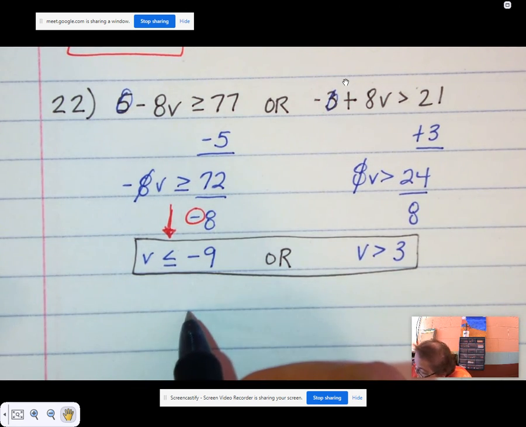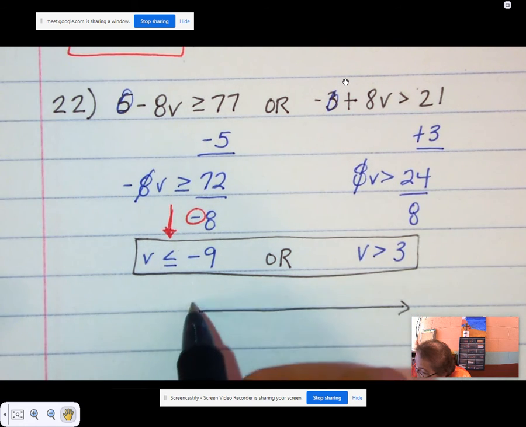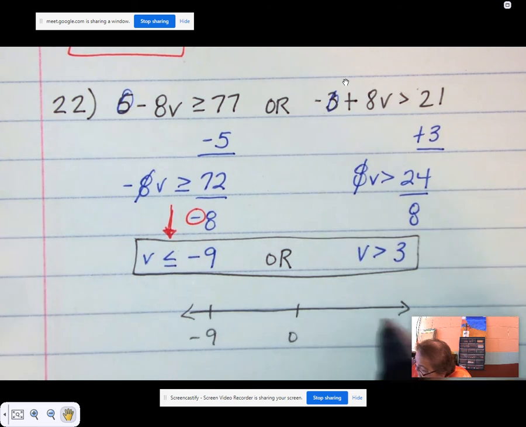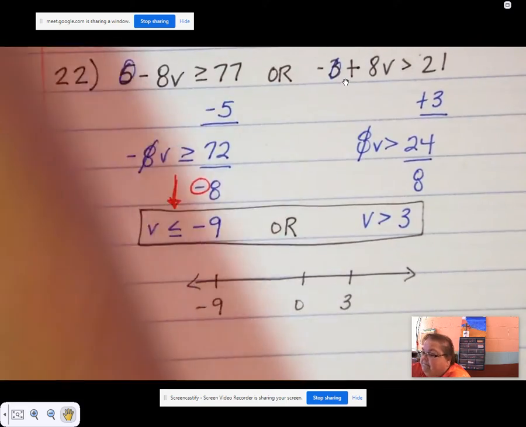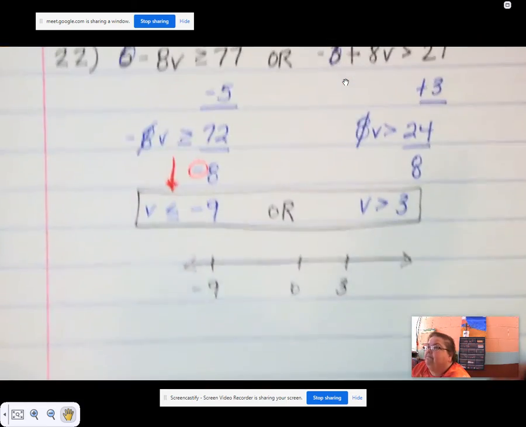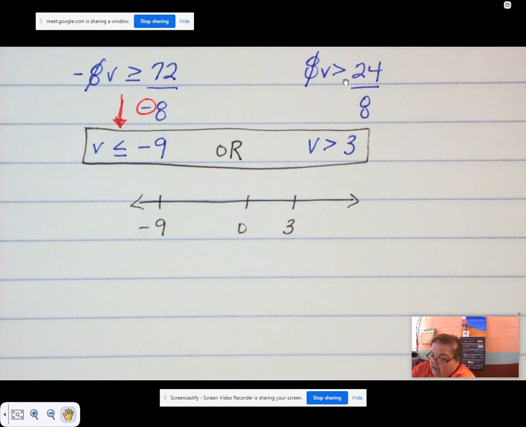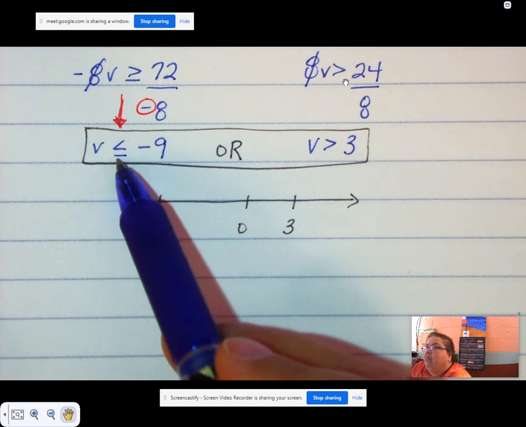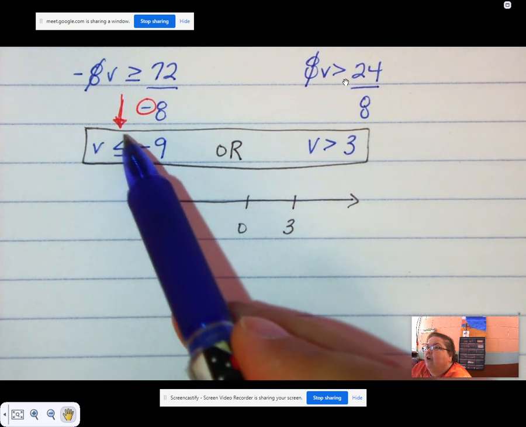Okay, here is my number line. I need a 0, I need a -9, I need a +3. Okay? The circle on my -9, is it open or closed?